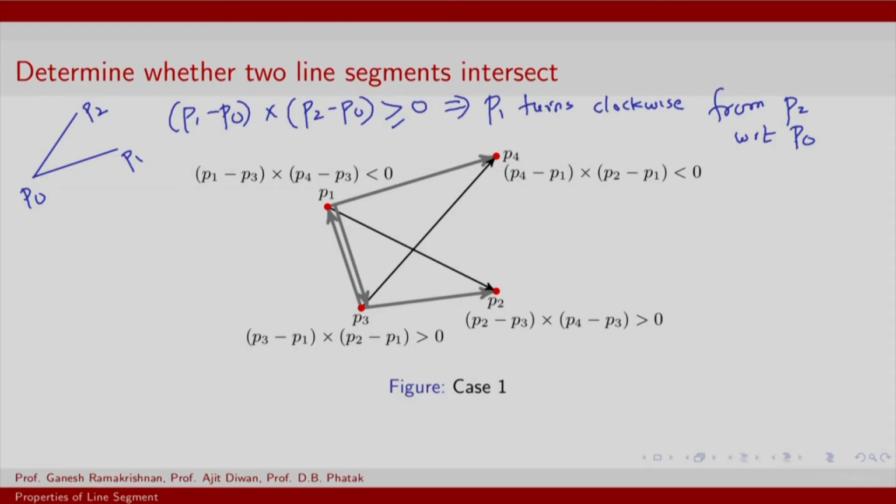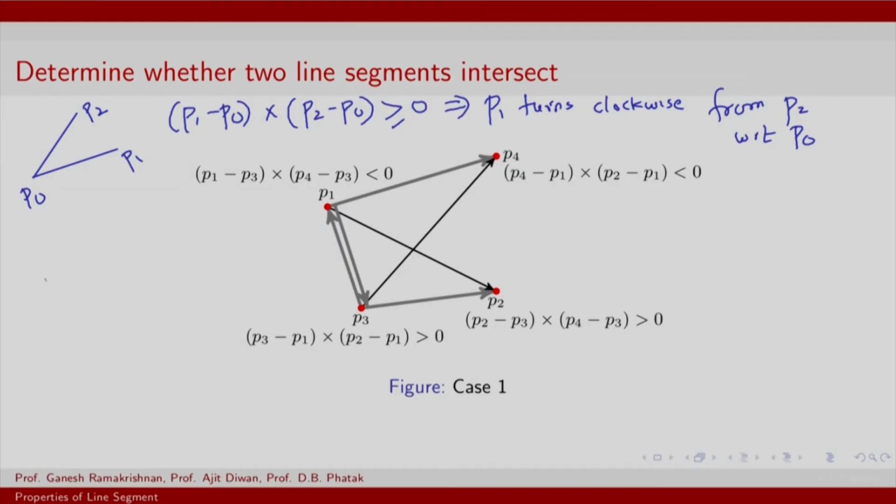Now can we use this fact to answer the general question if two line segments P1 P2 and P3 P4 intersect? One would look at different possible angles here, but let me explain the main motivation.